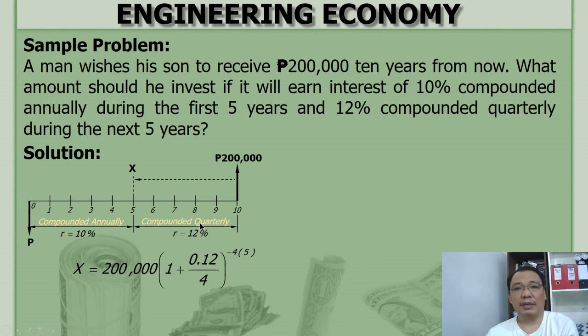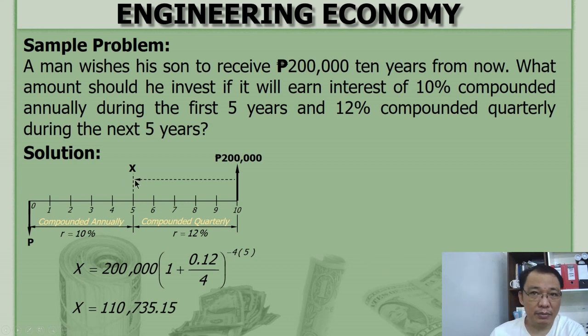F is 200,000 and then 1 plus your i is the nominal 12% over 4, because it is quarterly. Then your n is 4 times 5, because 4 periods per year times 5 years. So 20 in all, negative. And X is equal to 110,735.15.